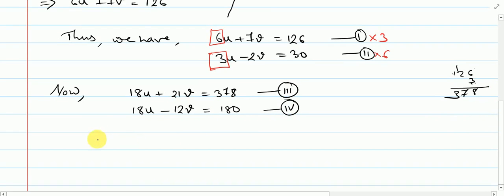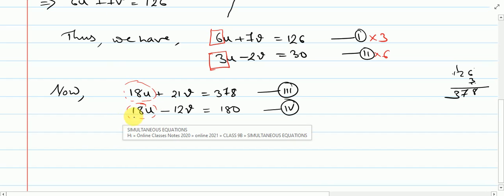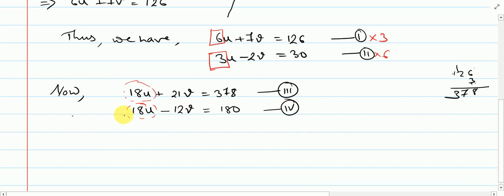Okay, now you see over here these two are the same, so you will subtract. That means you have to change the signs. So here plus will become minus, minus becomes plus, plus becomes minus. Now plus 18u and minus 18u cancelled.